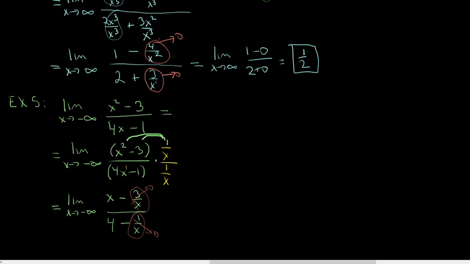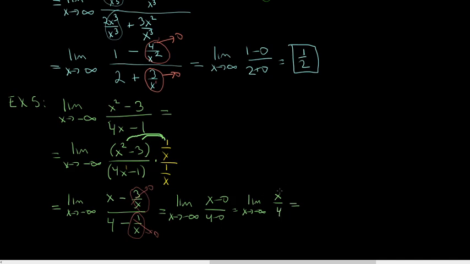So what does that bring us to? That brings us to the limit as x goes to negative infinity of x minus 0 over 4 minus 0, or just x over 4. So what happens to x over 4 as x goes to negative infinity? Well, this certainly does not go to 0.